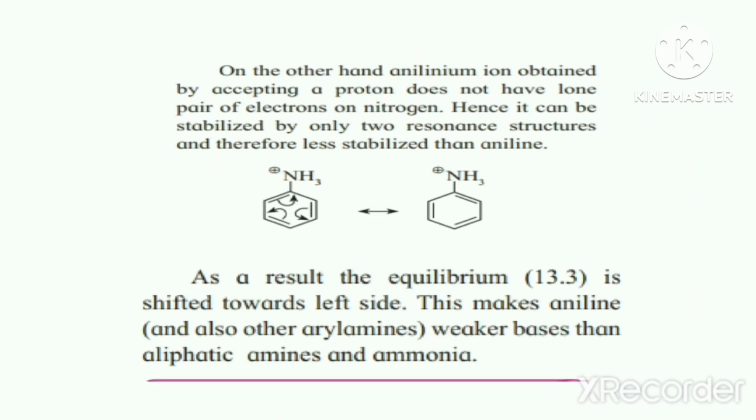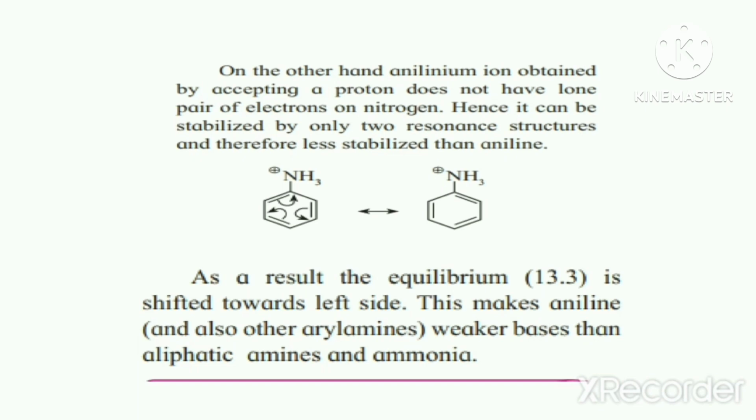On the other hand, the anilinium ion obtained by accepting a proton does not have a lone pair of electrons on nitrogen. Hence, it can be stabilized by only 2 resonance structures.